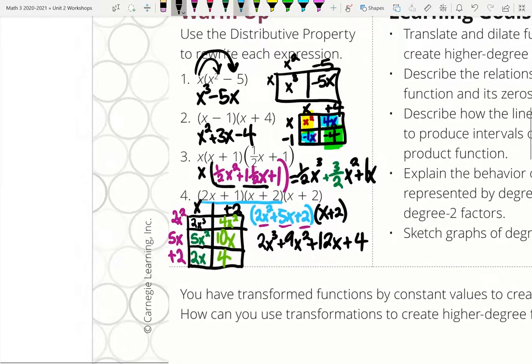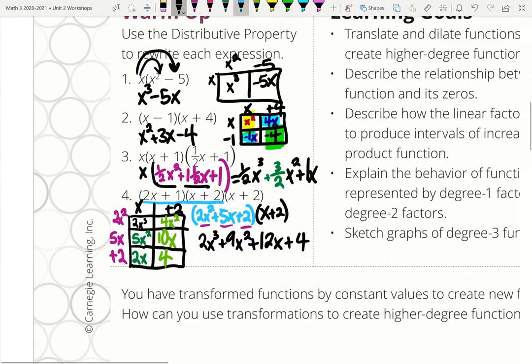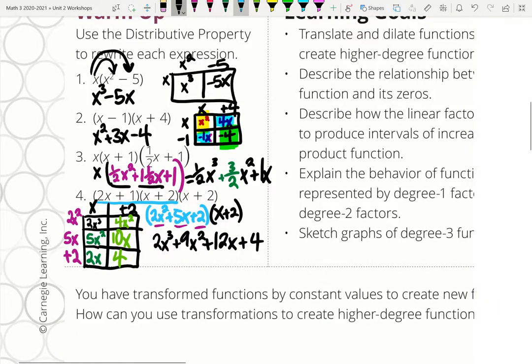Okay. All of these, we were using the distributive property to rewrite each expression. I do want to take a note, a lesson from the past, is that the answers are an equivalent expression to the distributive form.